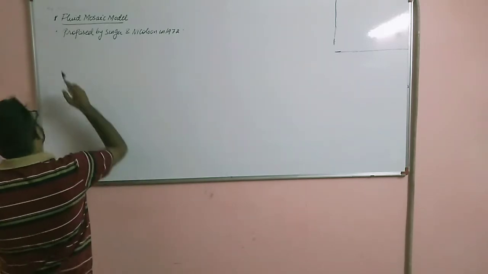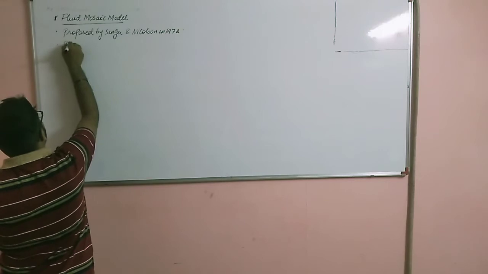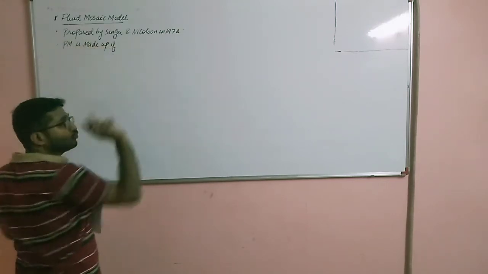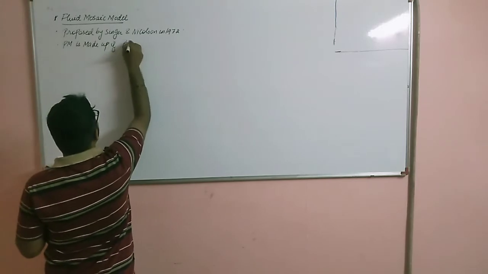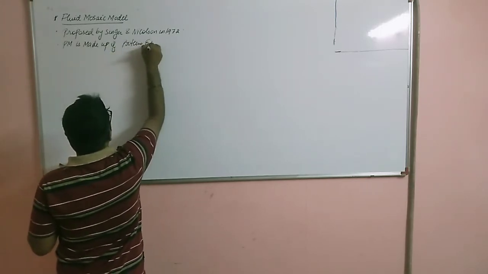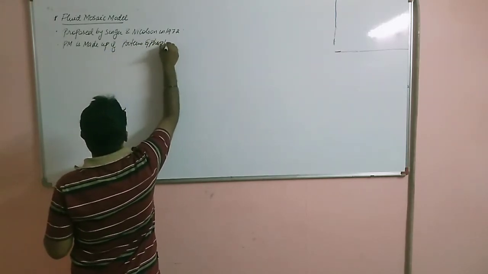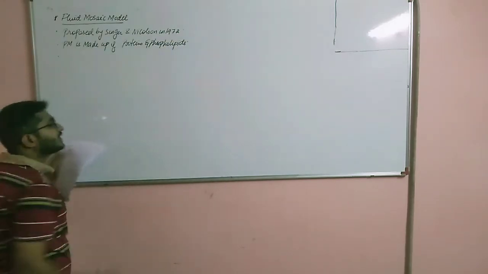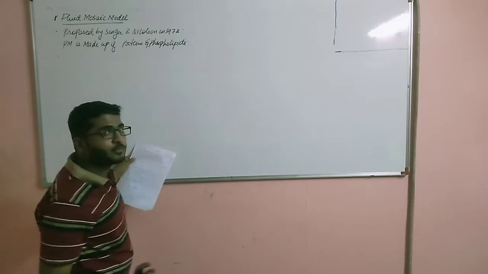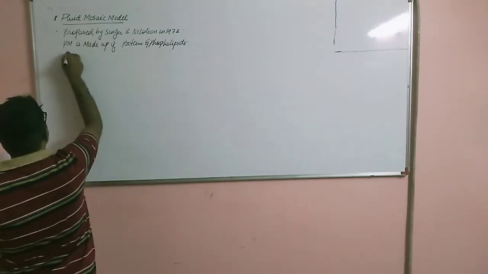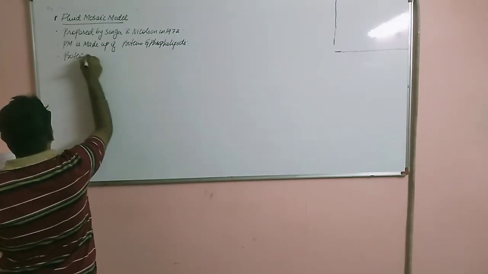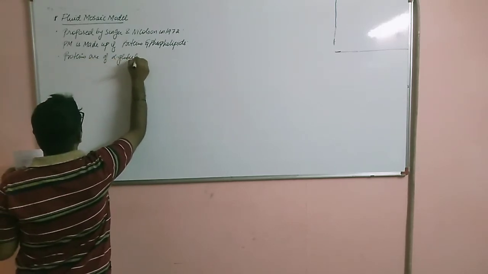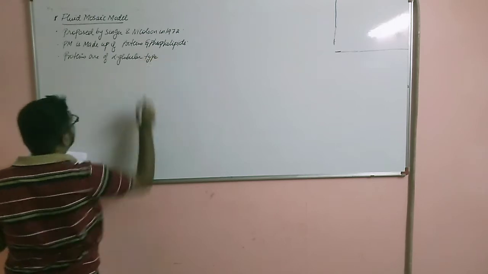What they said is that the plasma membrane is made up of 2 things, the same: proteins and phospholipids. Proteins are alpha globular proteins, the same as before.